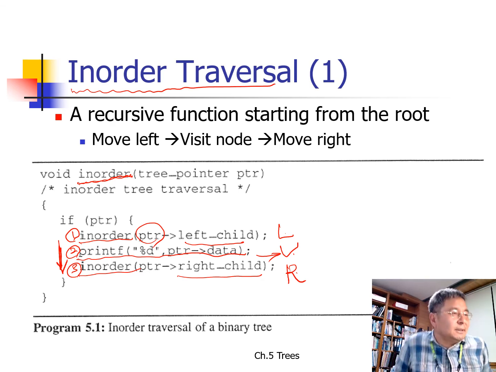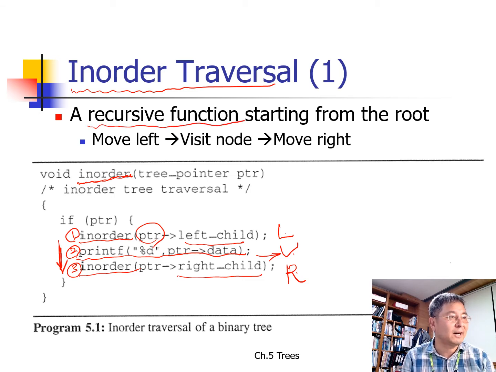Okay, this is the in-order traversal implementation. It is a recursive function method to define in-order traversal, or self-referential definition; recursive function is the more correct name of the method used in the in-order traversal implementation.